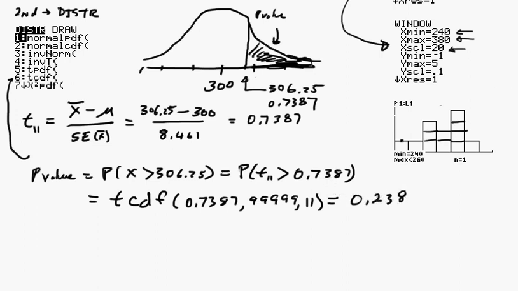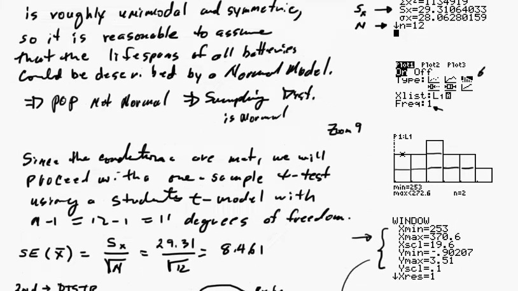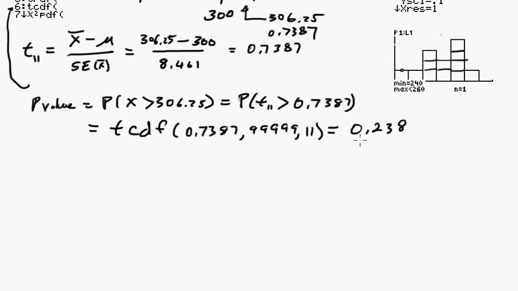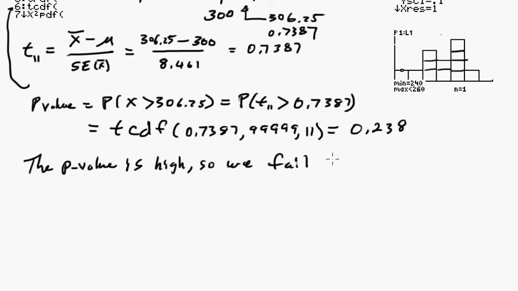And that gives me a p-value of 0.238. Okay, so somebody might have said, hey, how come I didn't specify an alpha level? Well, I didn't know. Probably it would be a good idea. But with 23.8%, that's just so big that we're going to say the p-value is high, so we fail to reject HA.